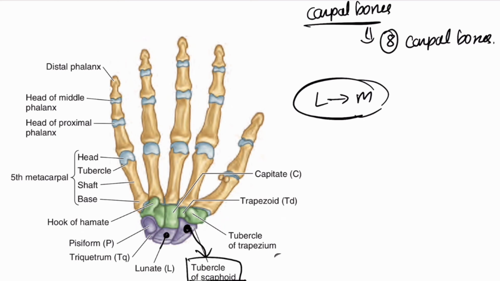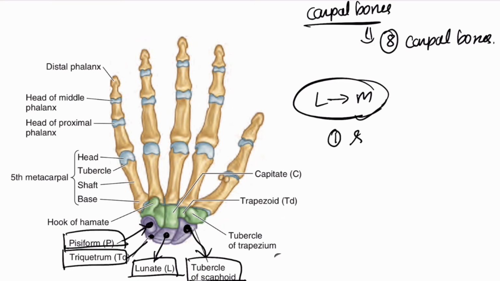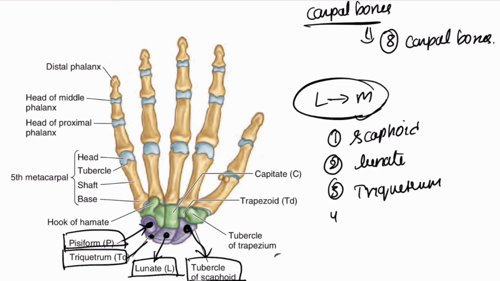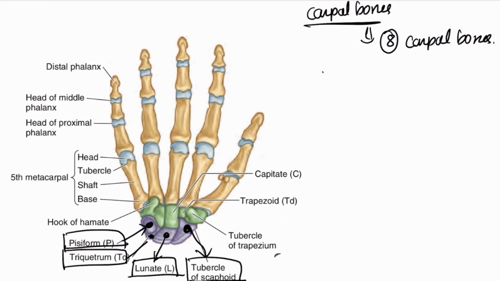This is the lunate bone. This is the triquetrum bone. And this is the pisiform bone. We have scaphoid first, and then the lunate, and then the triquetrum, and then the pisiform. Now let us look from the medial to lateral side.